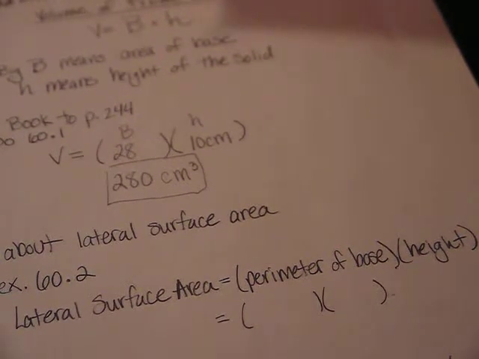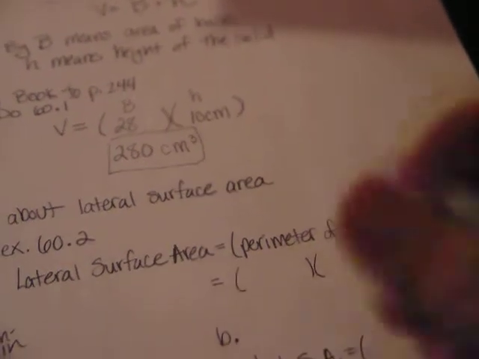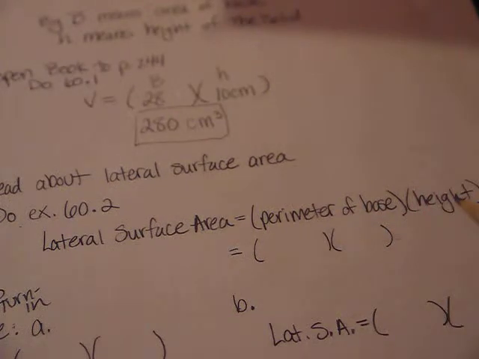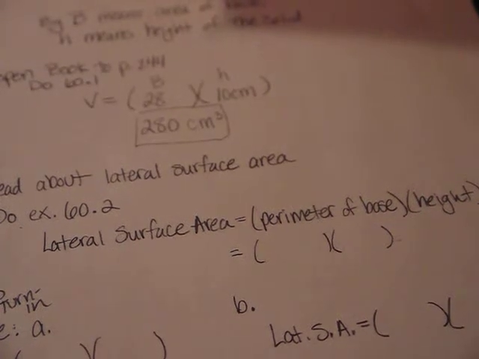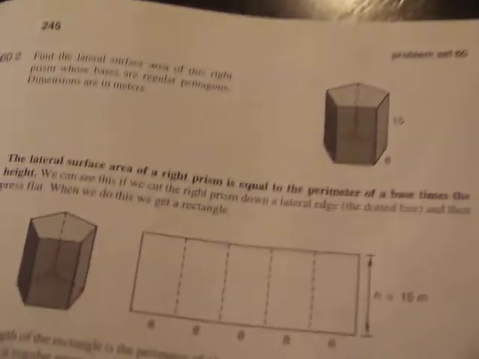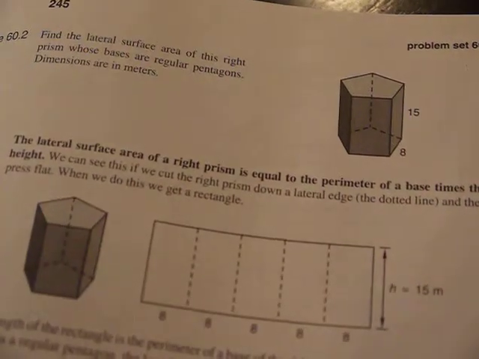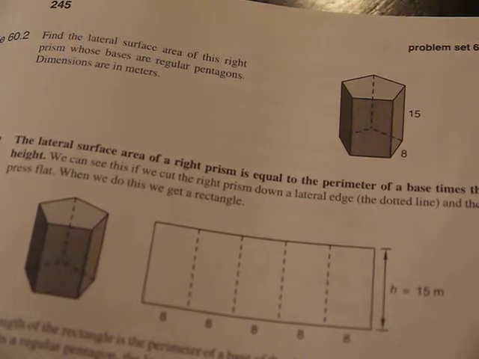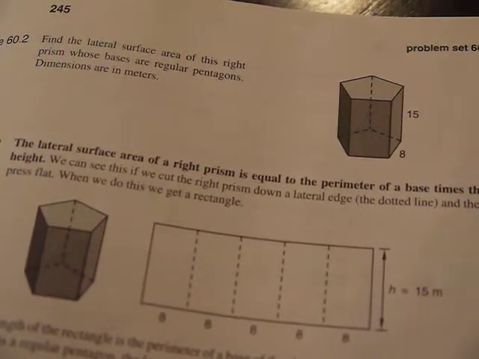So in example 2, we have to find the lateral surface area of that figure, and what they gave us looks like a regular pentagon, and it has one side is 8 and the height is 15.